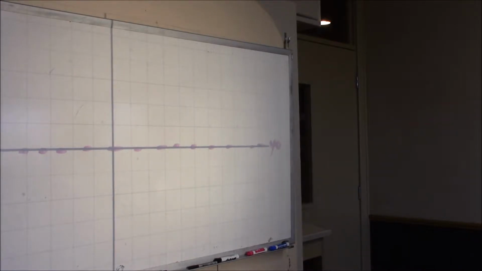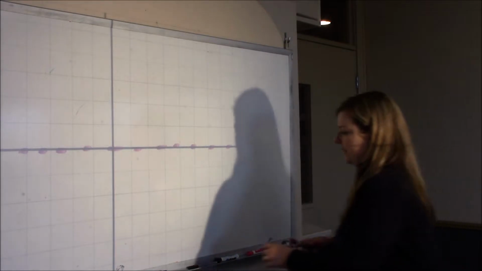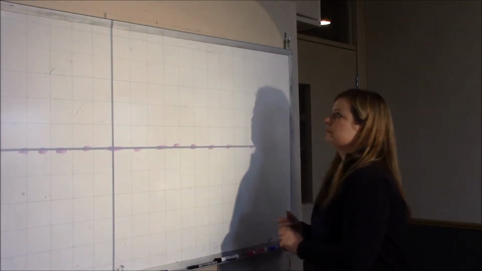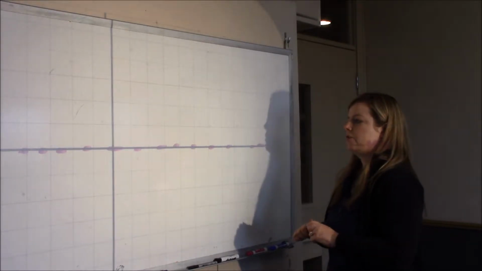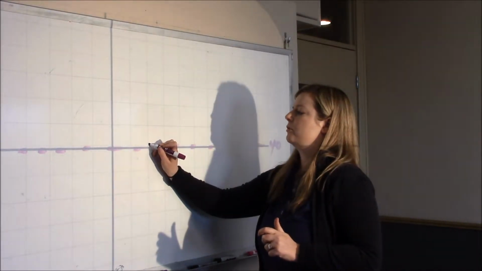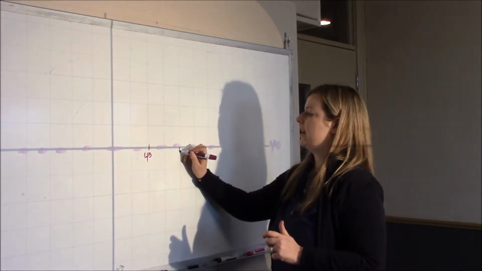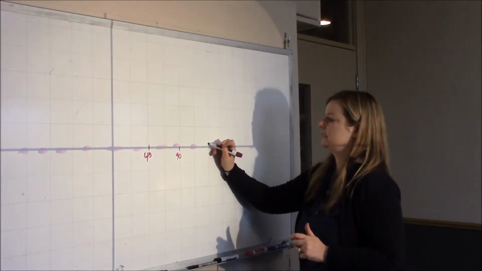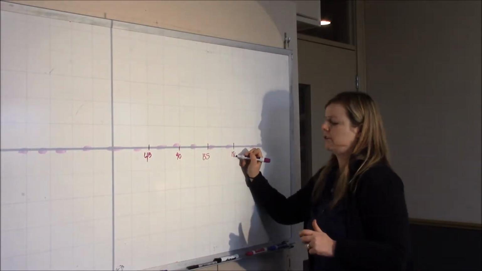All of your points are going to start on the axis. And then I'm going to divide. I know that one period is 180 degrees. So I'm going to do 45, because 180 divided by 4 is 45. So 45, 90, 135, 180.